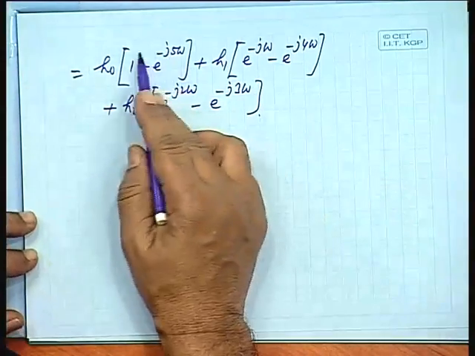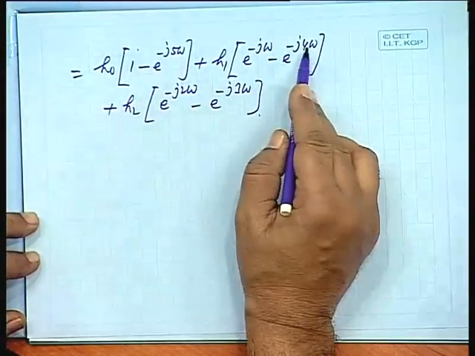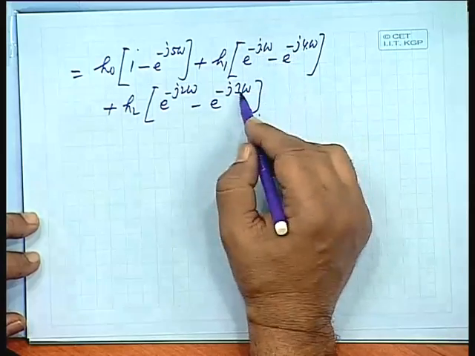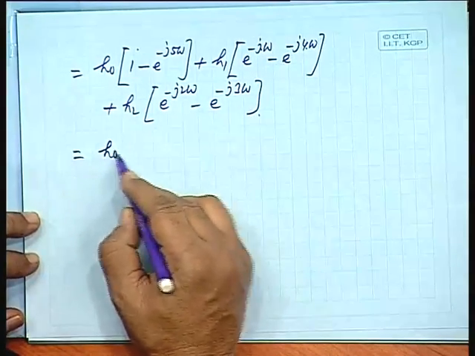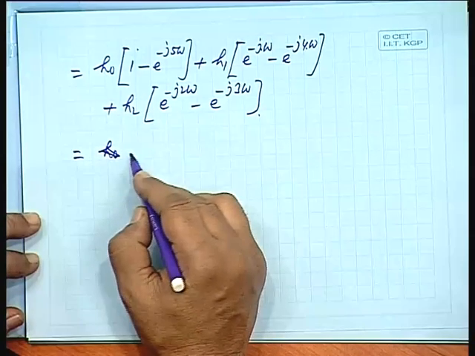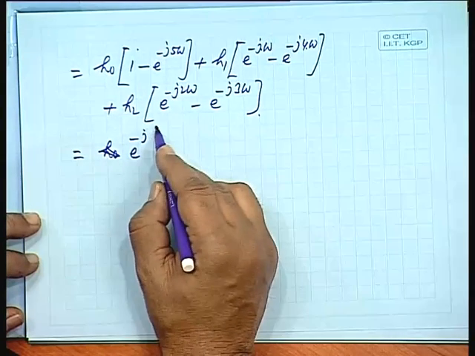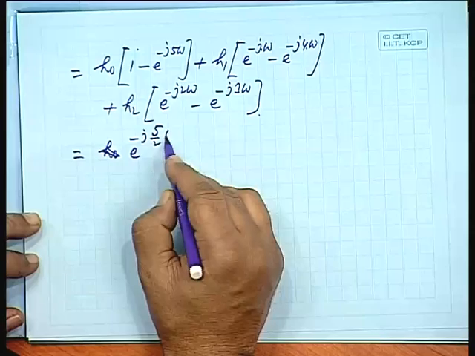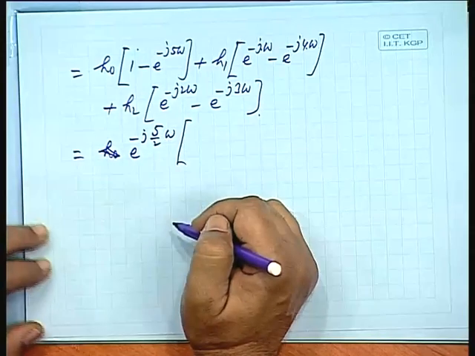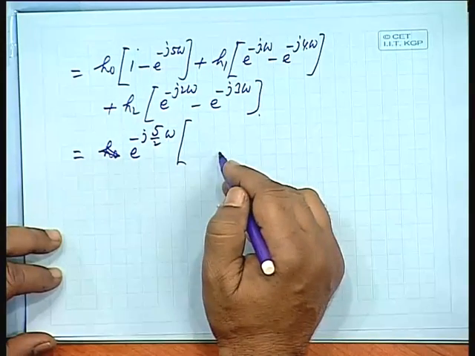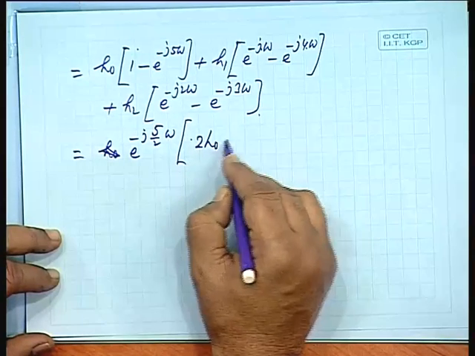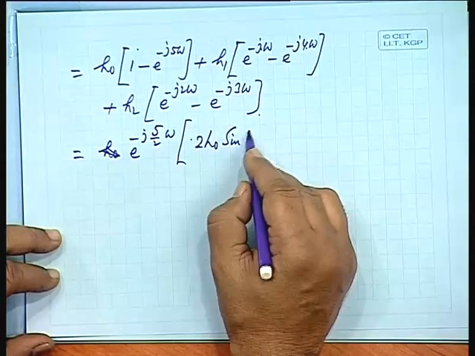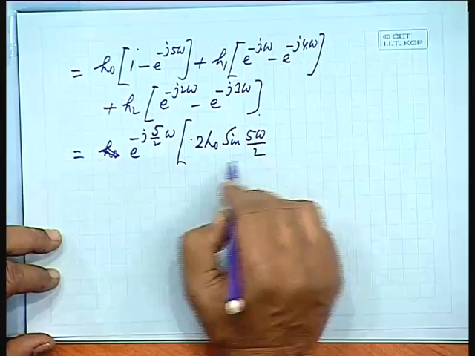So, once again you take the averages: this is 5, this is 0, this is 4, this is 1. So, 5 by 2 is the common. I will take e^(-j5ω/2) common. Then what do you get inside? You get 2 H0 sin(5ω/2) with a j term.